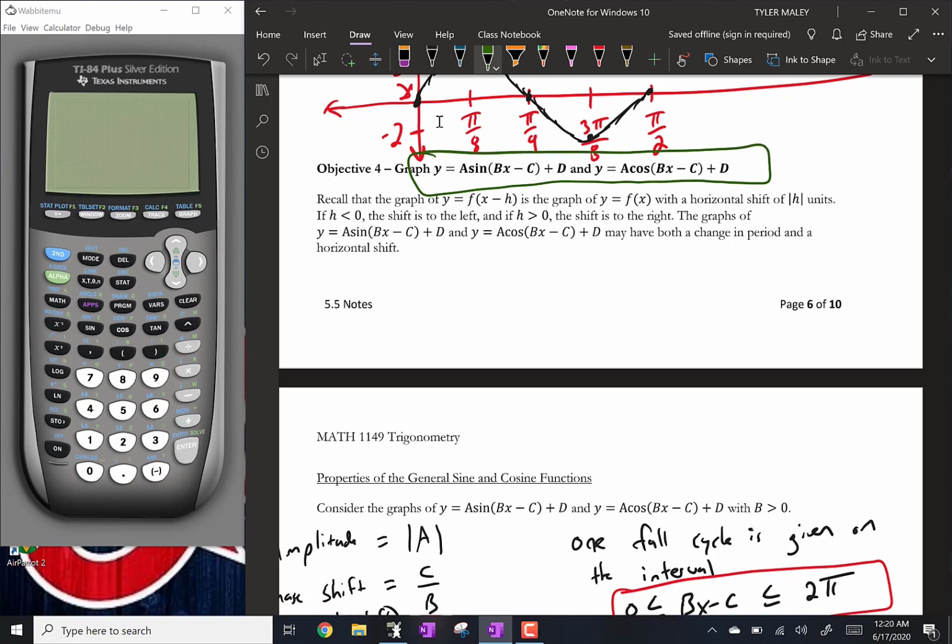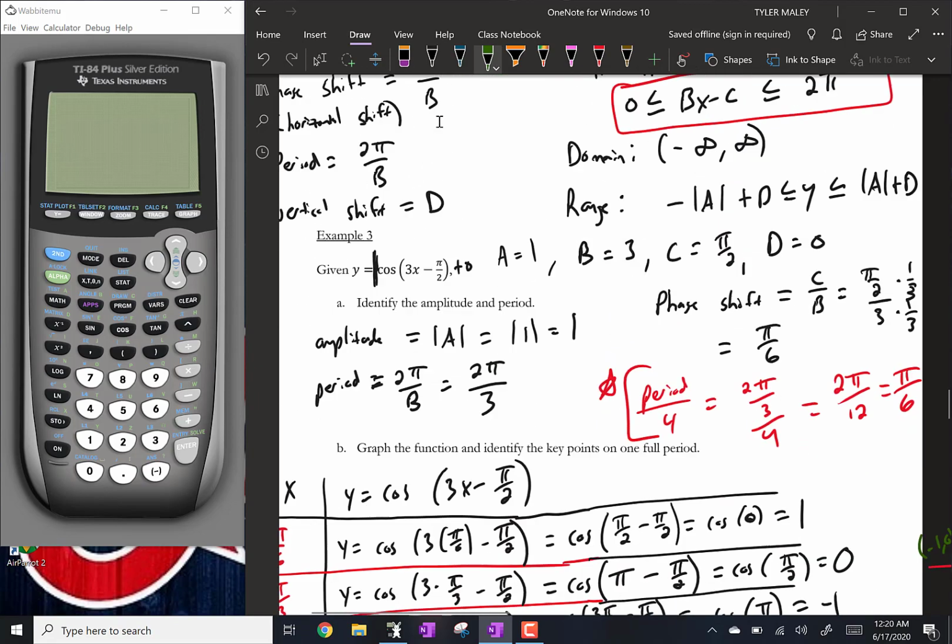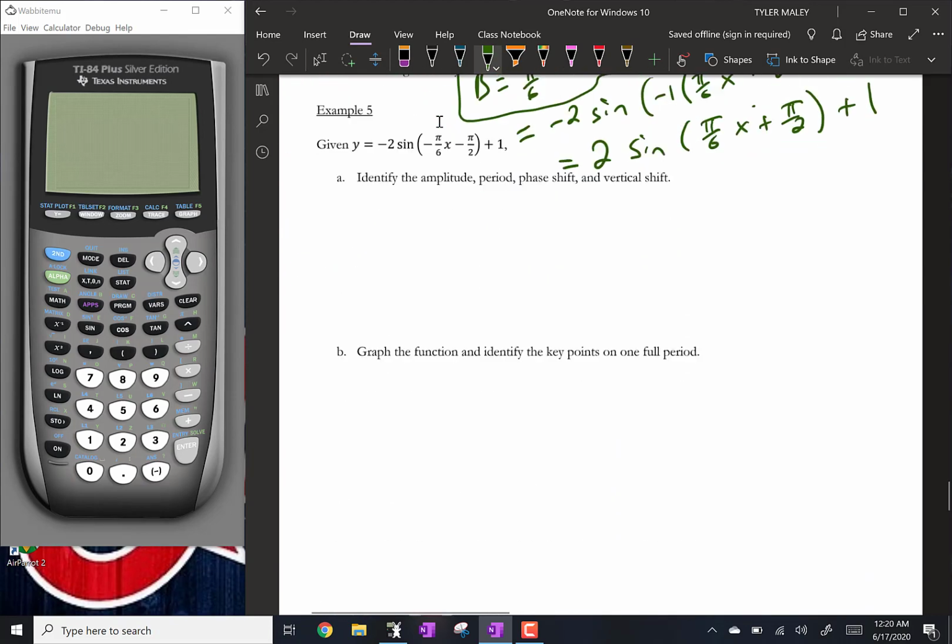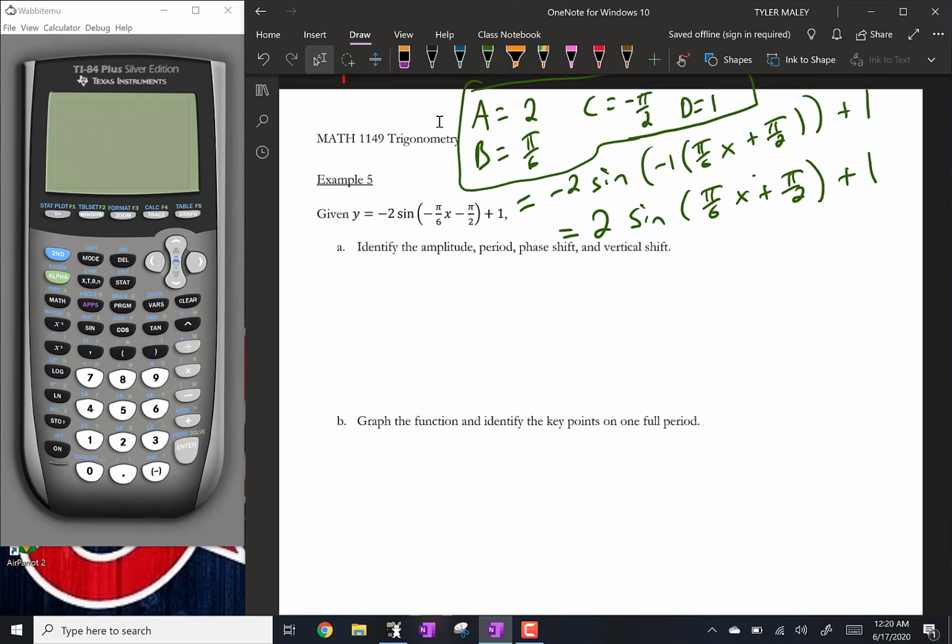And then just identifying what the value is. Right. So then remember that amplitude is equal to the absolute value of A, which would be the absolute value of 2, which is just 2.